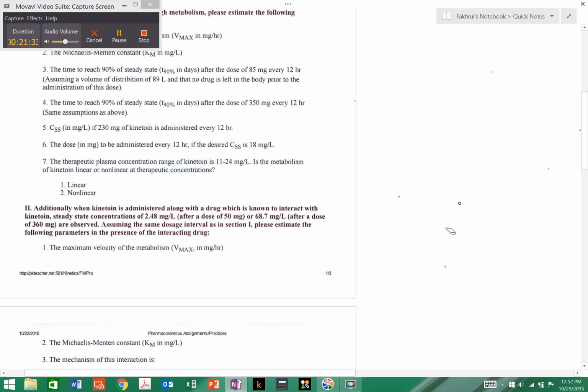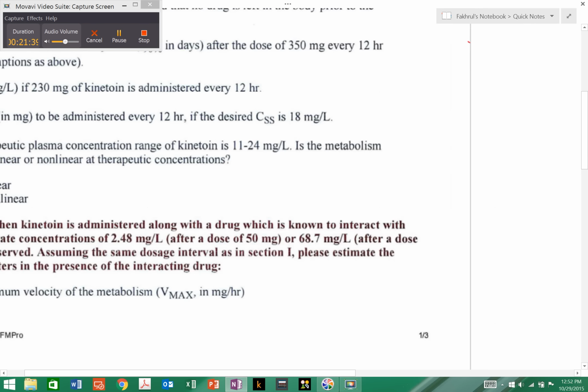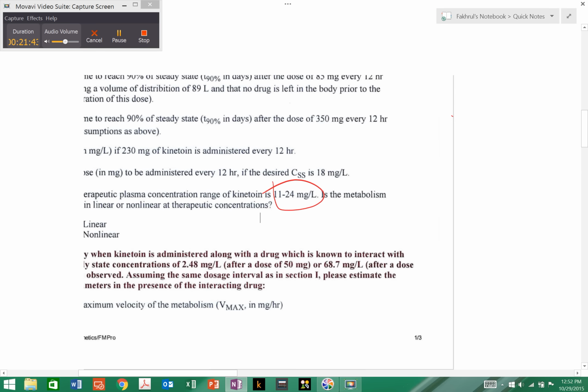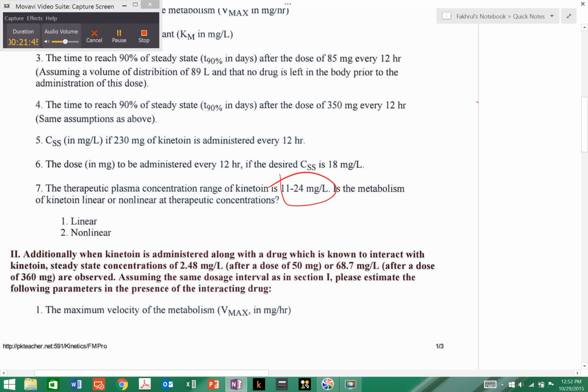Now there is a conceptual question. What is going to happen if the therapeutic concentration goes up? You see here, is the metabolism linear or non-linear? So this is a concept question. Do you remember what your Km is?